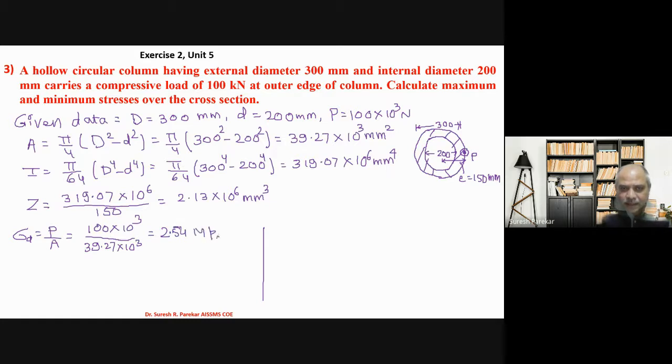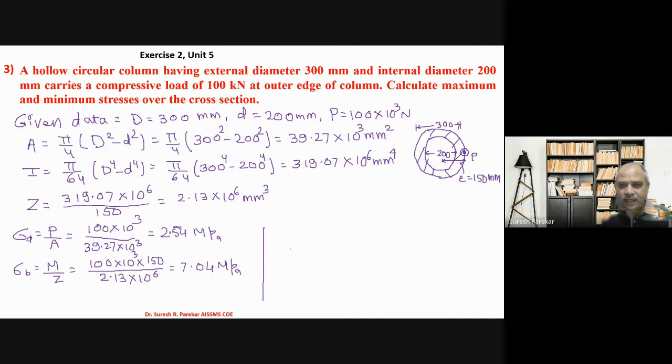And sigma b we calculate as M by Z. M is 100 into 10 raised to 3 into 150, divided by Z which is 2.13 into 10 raised to 6, and we get sigma b equal to 7.04 MPa.